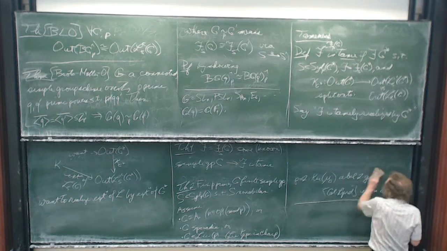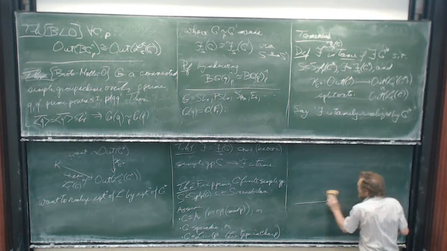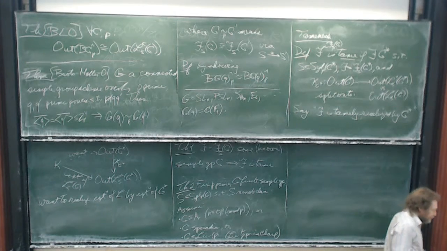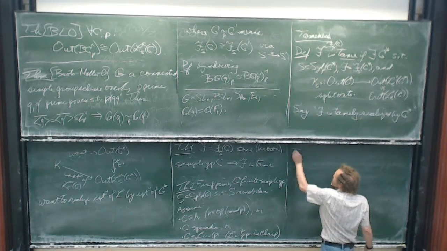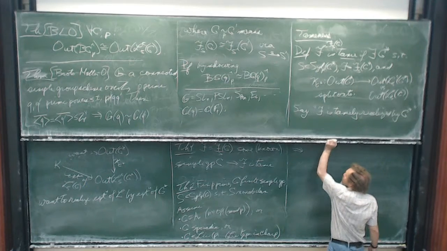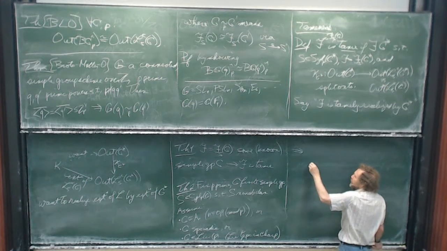And then the conclusion is that kappa sub G is an isomorphism with just 4 exceptions.